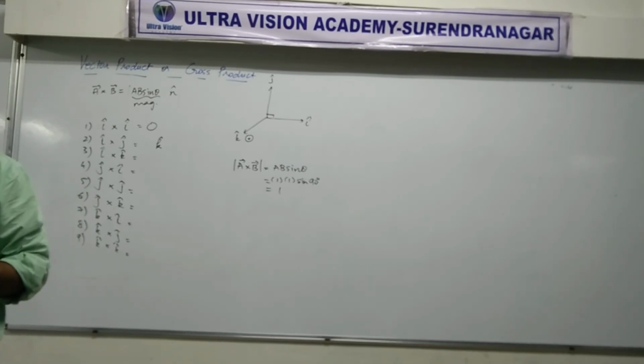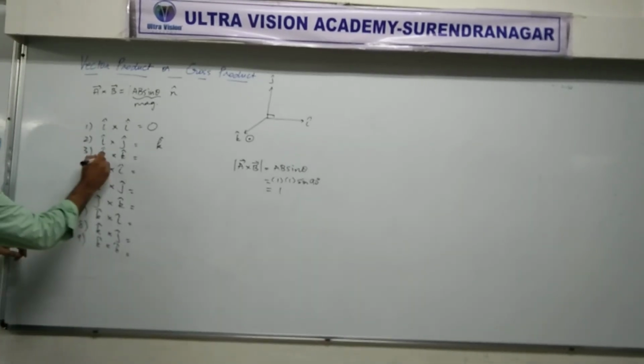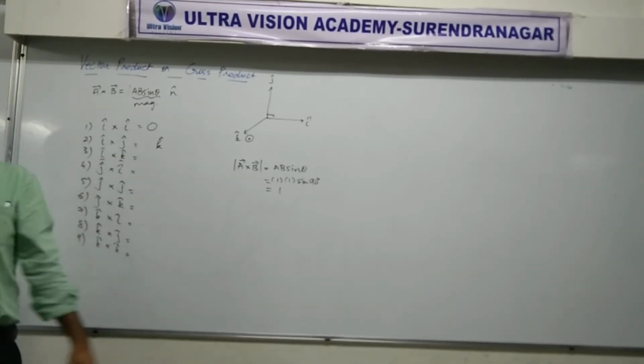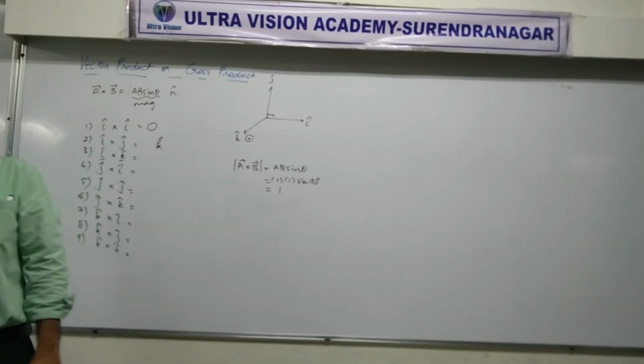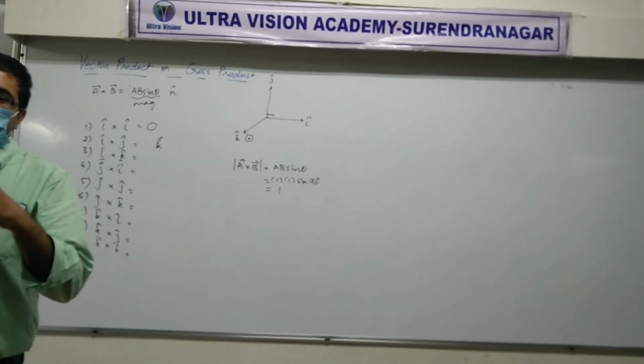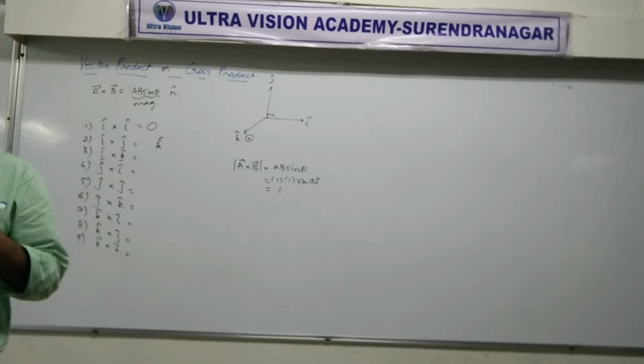Then the angle between i caret and k caret, how much is the angle? Angle between these two is 90, right? All the three axes are perpendicular to each other.